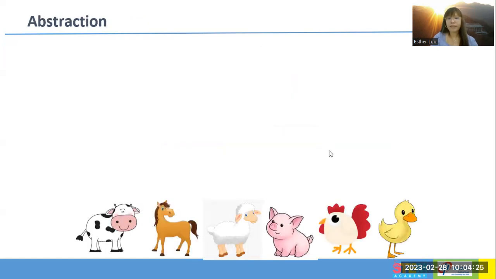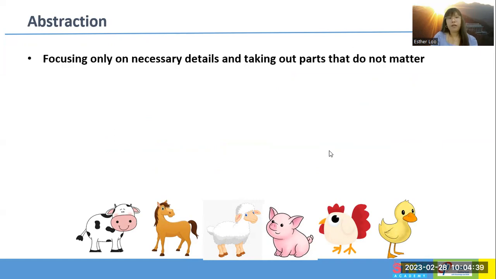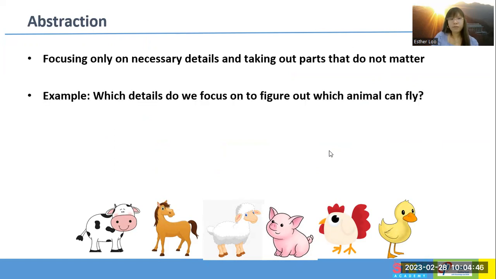Okay, next, abstraction. Abstraction is pulling out specific differences to make one solution work for multiple problems. For example, look at these pictures here. All animals, right? Focusing only on the necessary details and taking out parts that do not matter, when we talk about these animals, we want to see which animal can fly.